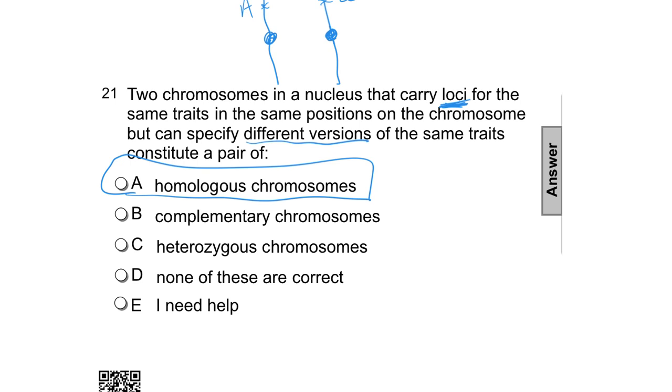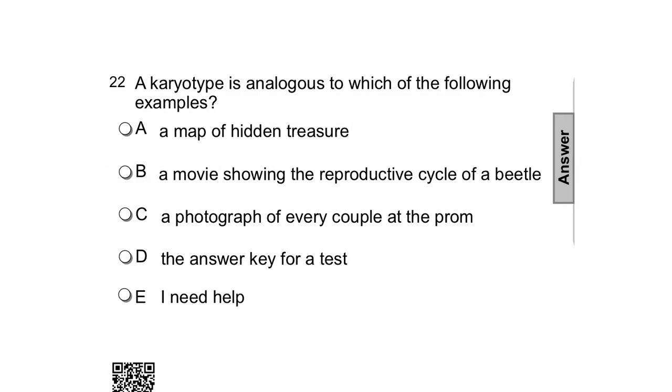So if they have the same exact gene, even though it's a different version, these would have to be homologous chromosomes.